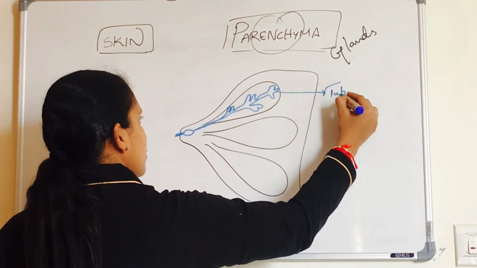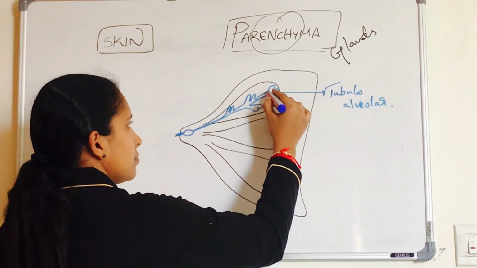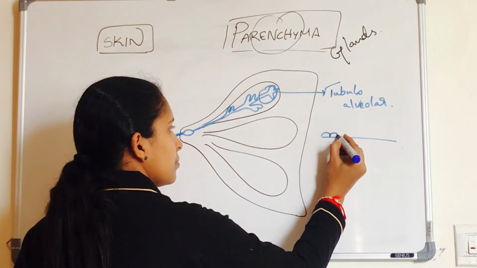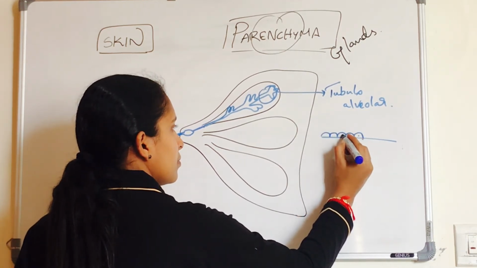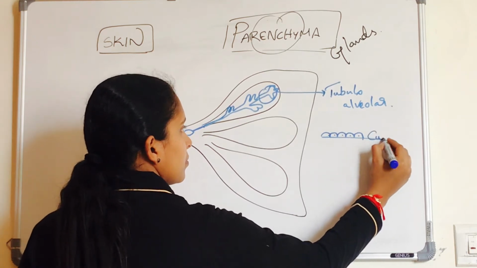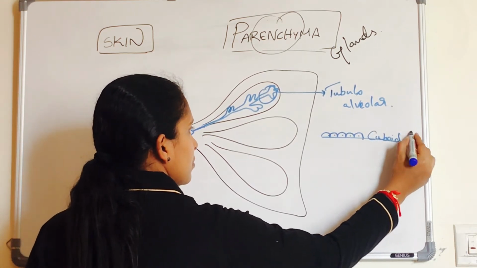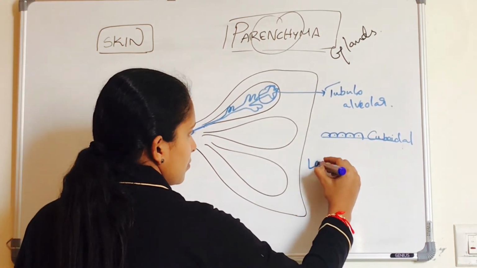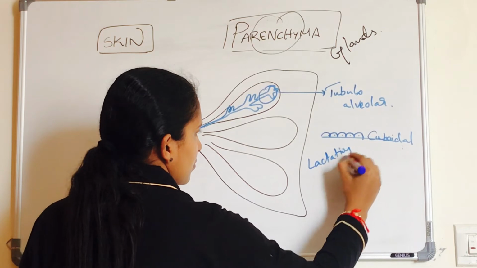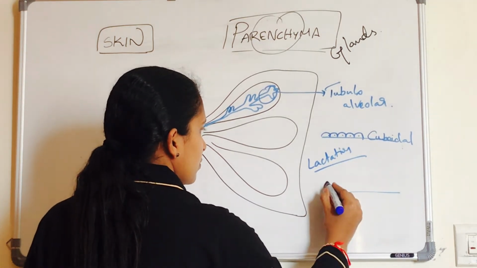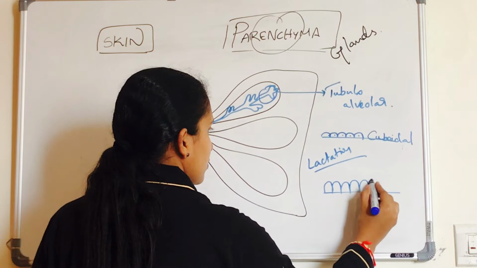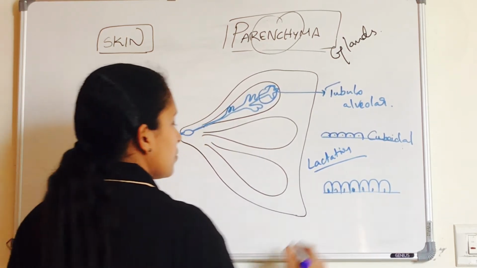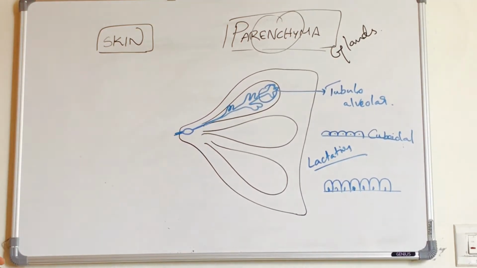So what about the lining epithelium of these tubulo-alveolar glands? They are normally lined by cuboidal epithelium, that is at rest. During lactation, this cuboidal epithelium becomes columnar. So what happens during lactation?